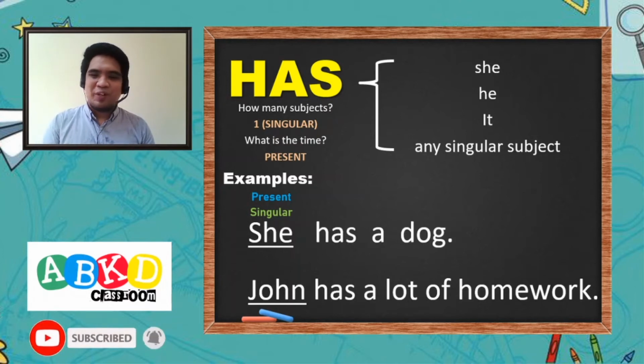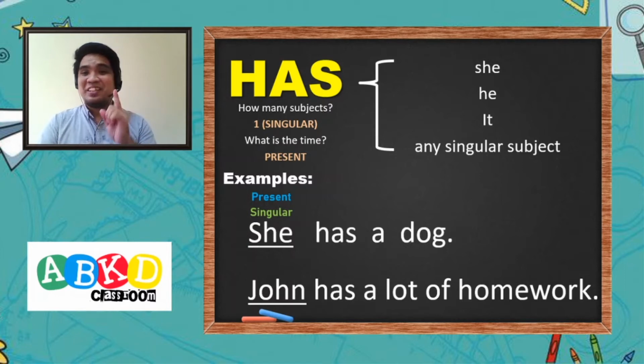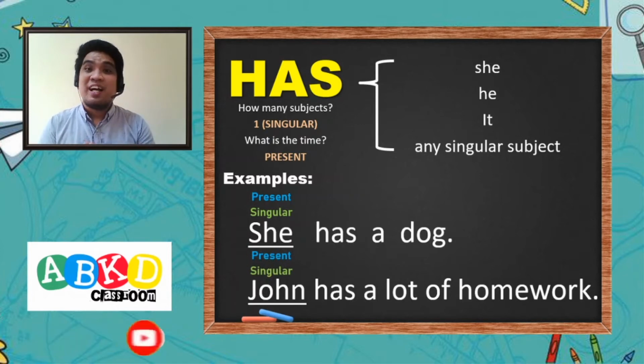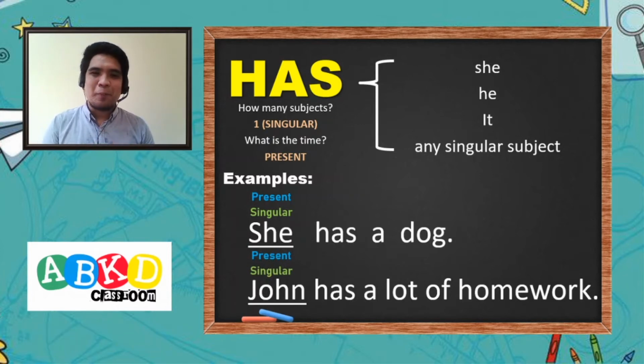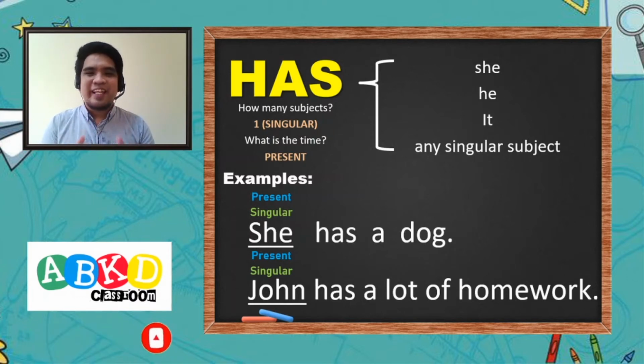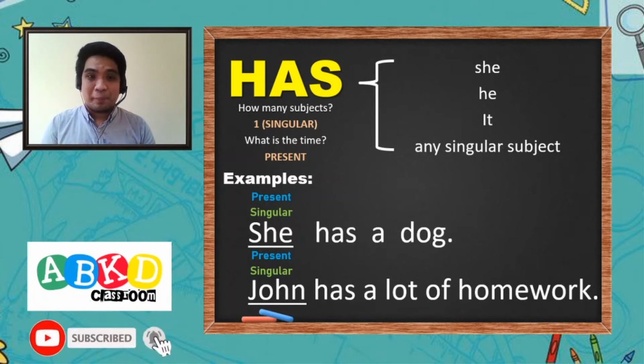Okay? So, next is the word John. Same din, ilan ang subject natin? Si John, isa lang naman yan, right? At ano yung tense natin kanina? Of course, present. That's why we use has. Okay, so nakukuha po, remember that you're going to use has if your subject is singular and if the time that you have in the sentence is in the present.